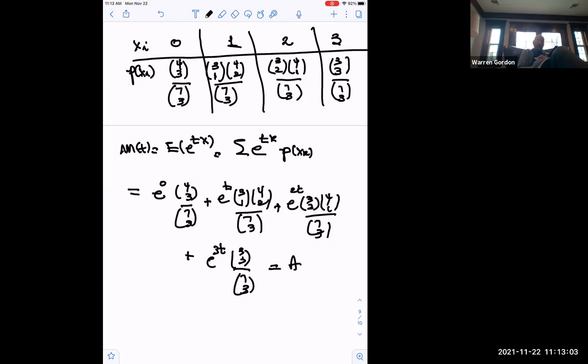And this would give me some answer for the moment generating function. But it's not a nice, simple answer. Not a nice, simple formula. So the geometric distribution does have a nice, simple formula for the moment generating function.